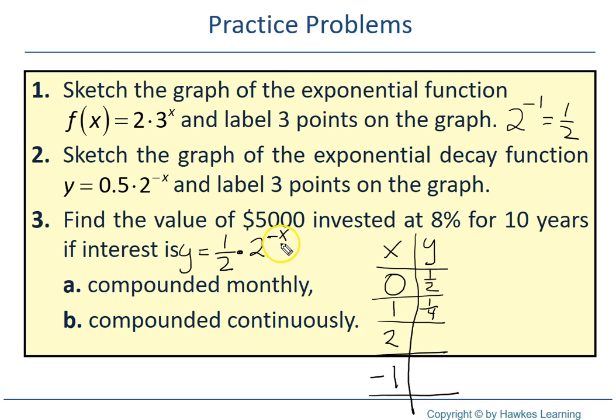And if this were a negative 2 here, 2 to the negative 2, we said was 1/4. So 1/4 times 1/2 is 1/8. And then if we put a negative 1 there, now a negative 1 times a negative gives you a positive 1.